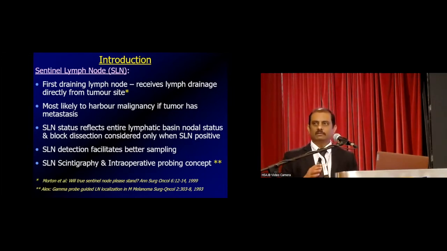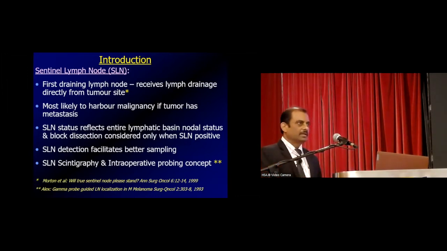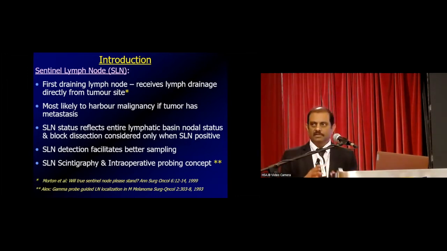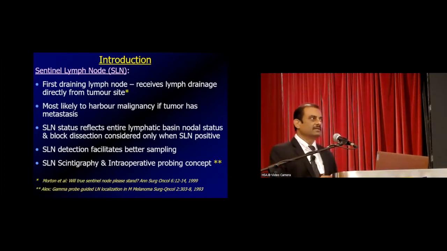So if you can identify the sentinel lymph node, and if it is taken up for a biopsy or FNAC or frozen section, and if it is negative, probably you don't need to disturb the lymphatic basin by doing a lymphatic dissection. If the sentinel lymph node is positive, then obviously you have to go ahead with the lymph node dissection.